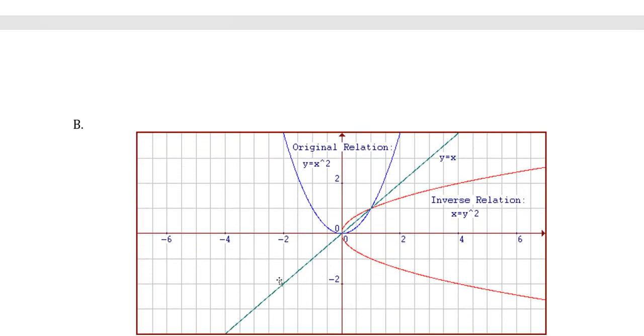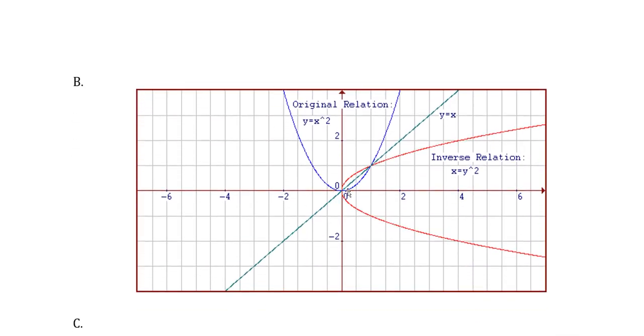Here's another one. Here's y equals x squared in blue as the preimage. The image set is the x equals y squared here. Notice that the original relation here is a function. It passes a vertical line test, and vertical lines flipped over the mirror, reflection over the line y equals x, become horizontal lines.